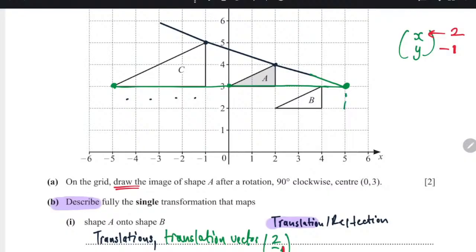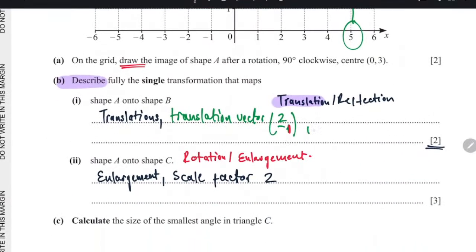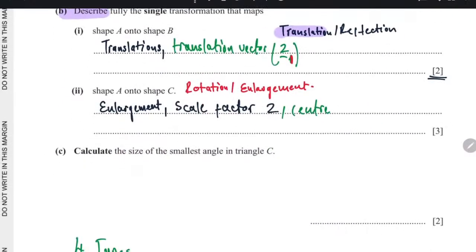You check what value it is in the x, 5. So it's 5, comma. What value is it in the y? 3. So it's 5, comma 3. Okay? So scale factor, whatever, and then you can say center 5, comma 3.